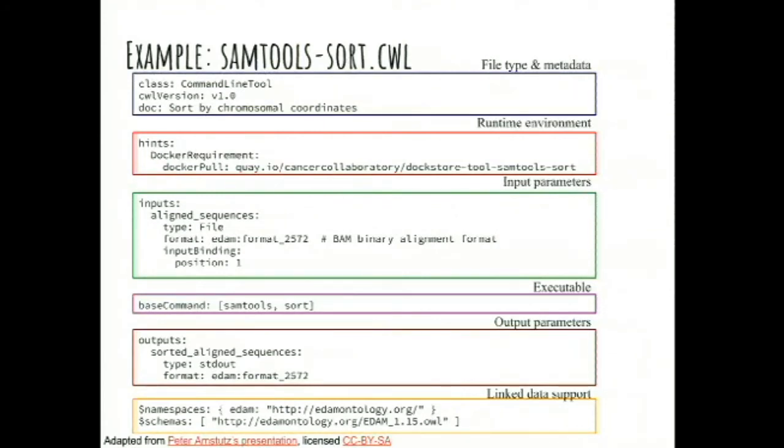And later, we'll be able to use this EDAM shortcut to refer to these outside concepts, which means this great team, which is on GitHub and nice to work with, you can go add your new bioinformatics file format or whatever to them and not wait for a new release of the CWL standard to include that information. So this is a design decision, so it's independent development so we can all progress together faster.